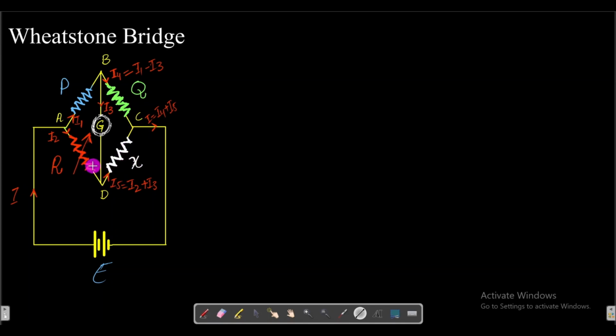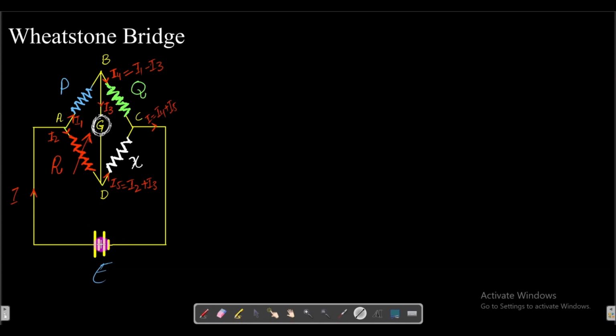So here this bridge consists of the battery. Inside the battery there is the electromotive force, and due to that electromotive force, a potential difference is developed along the terminals of the battery. Let's say this is the positive terminal of the battery, and this is the negative terminal.